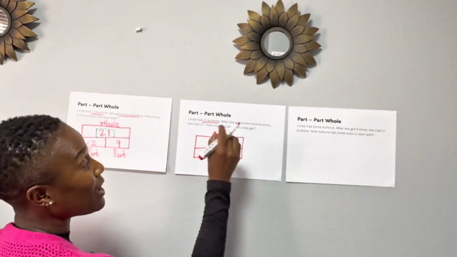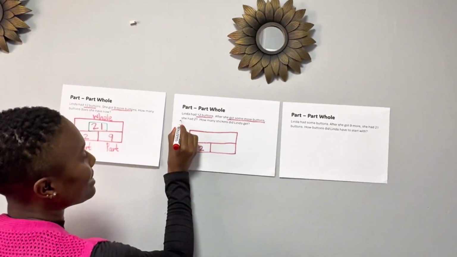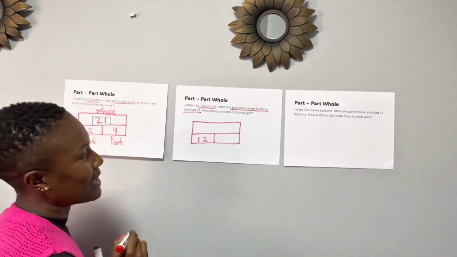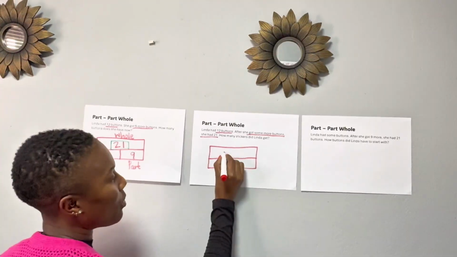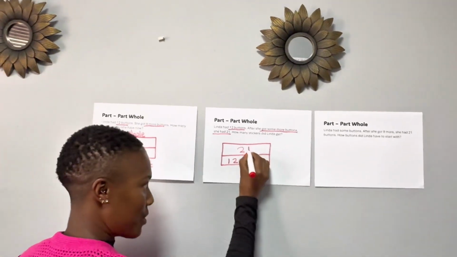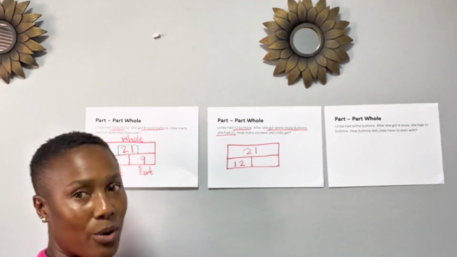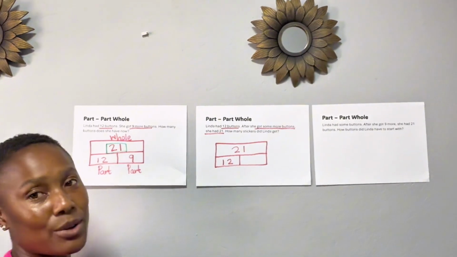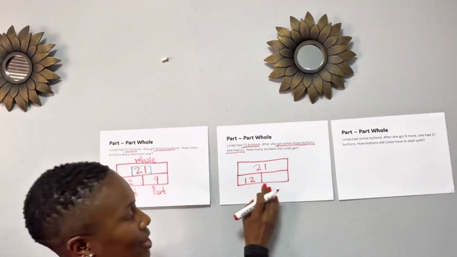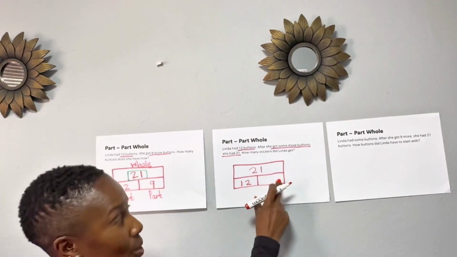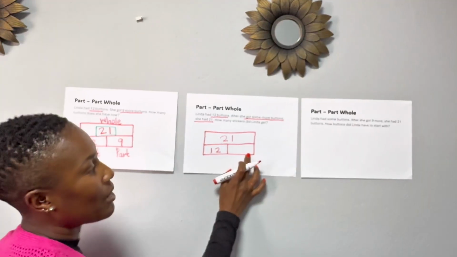After she got some more buttons, she had 21, meaning that with this sum, the whole is known. However, the other part of the whole is unknown. So this sum is a part whole, change unknown, or the second part unknown.